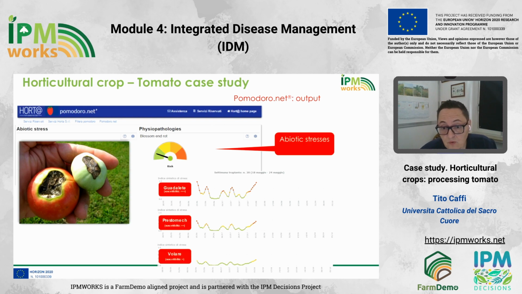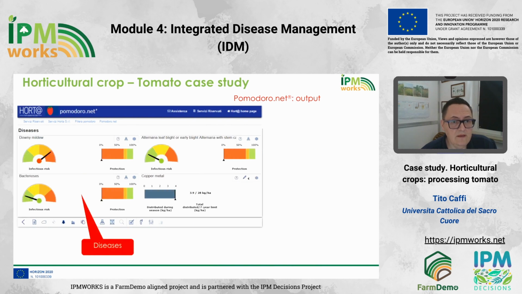This model can be useful also for checking your situation using weather data to simulate, for instance, the next season, to change the variety and see, okay, what can happen if I'm changing this variety with this or that.